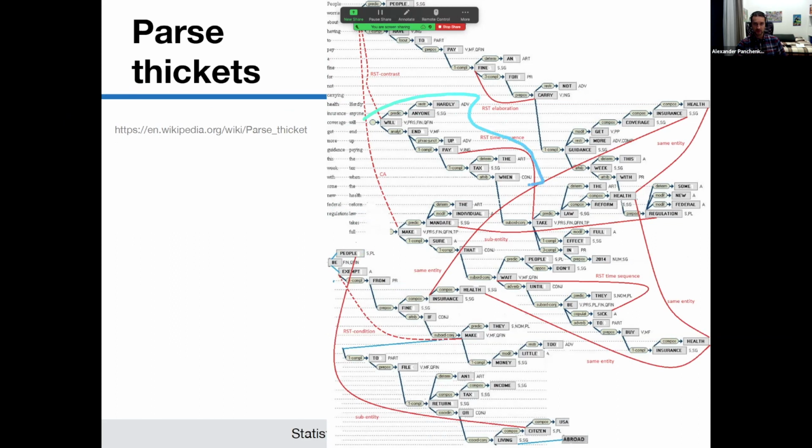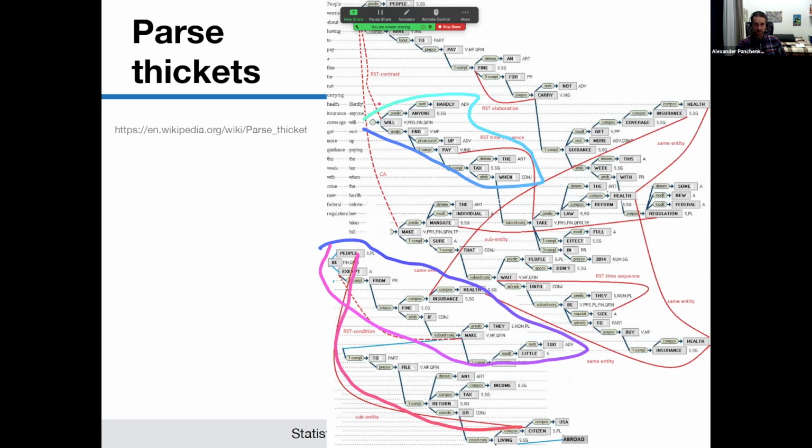So in this case, what you see is several trees, and these different trees are basically connected to one another with this discourse relation. So if you see "people" here, it refers to "citizen" in another sentence.